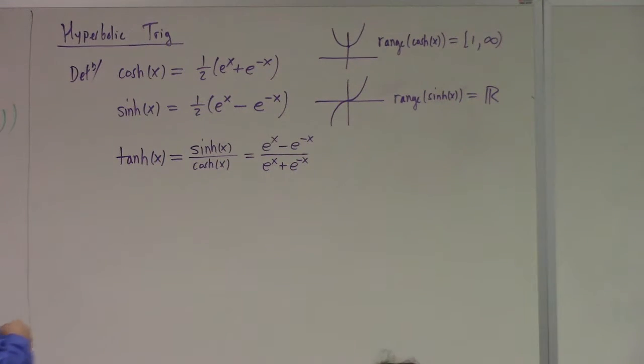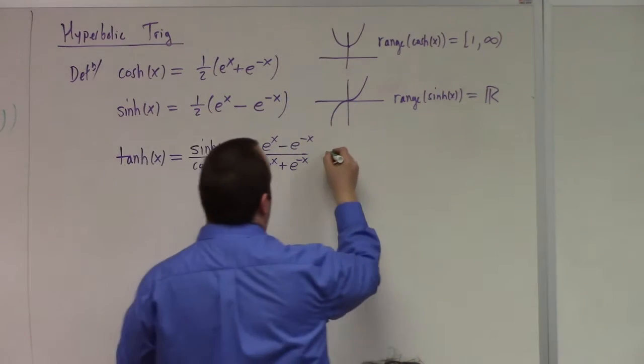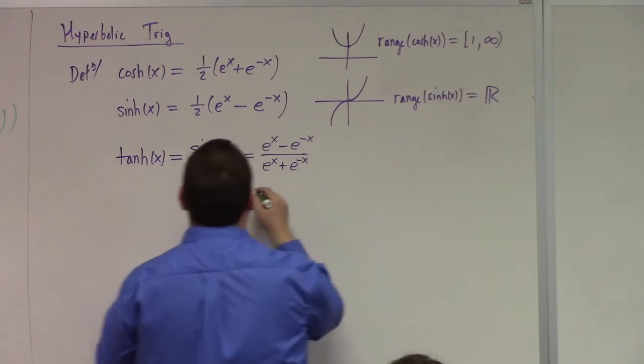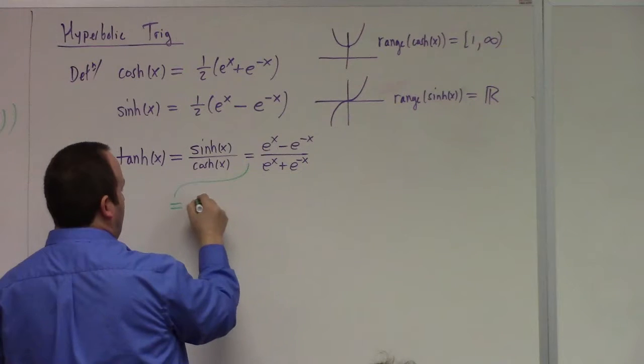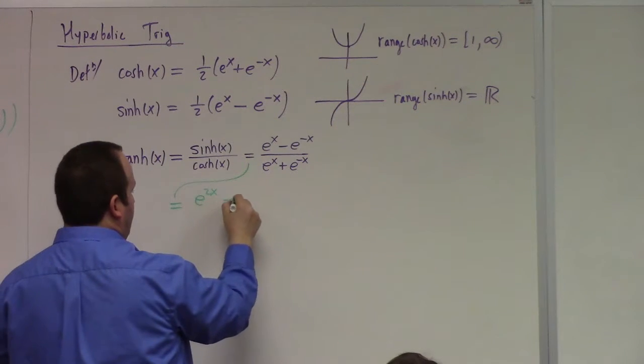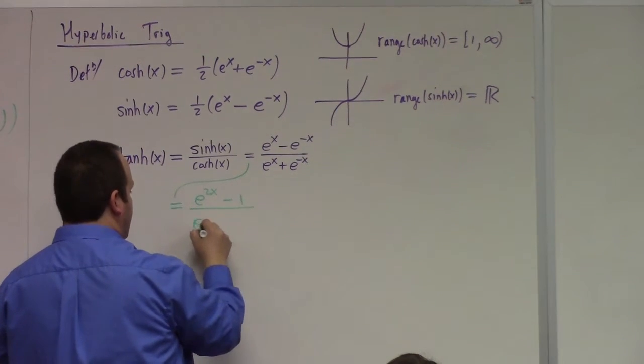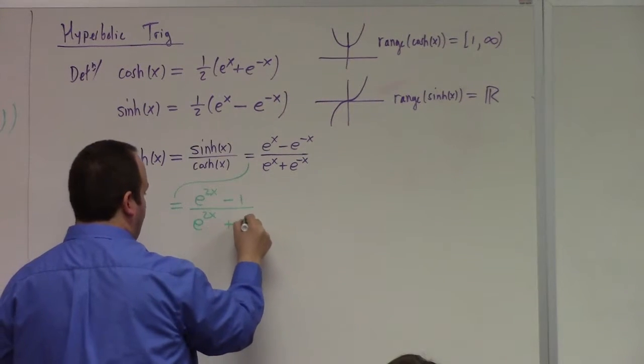But then there might be other people in here who say, no, that's not the definition at all. The definition of hyperbolic tangent clearly should be e to the 2x minus 1 over e to the 2x plus 1.